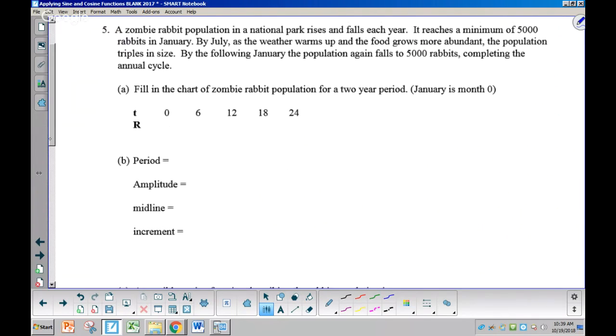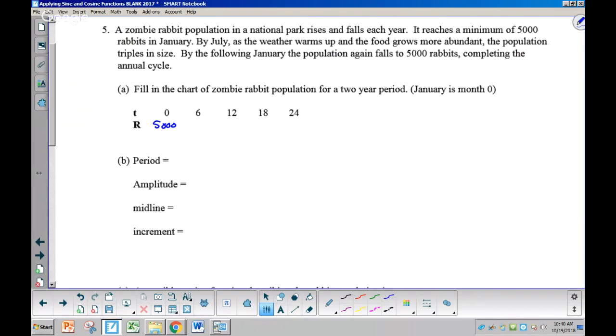All right, so a zombie rabbit population in a national park rises and falls each year. Sounds sinusoidal to me. It reaches a minimum of 5,000 rabbits in January. So we're going to start with time equals 0 at January. Is that all right? So I'm going to put 5,000 here for my zombie rabbit population. By July, the weather warms up and the food grows more abundant.